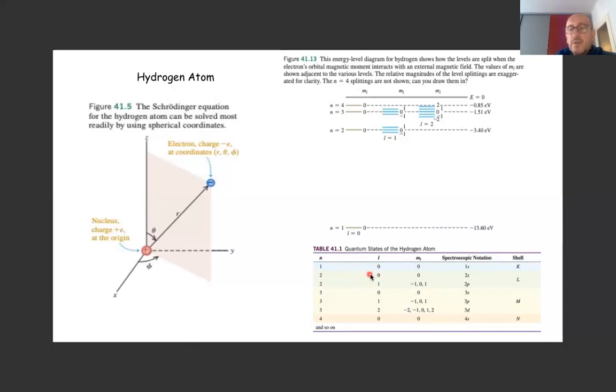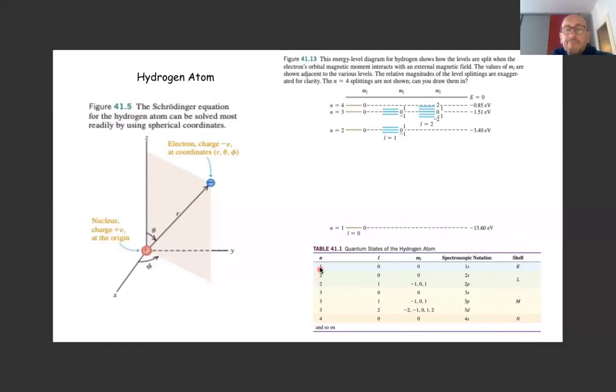You can also have L equals 0, the 2s state, perfectly well here. And now we are in the L shell. Before we were in the K shell. Now we are in the L shell, because this notation here is not only valid for the hydrogen atom, it's also valid for many other atoms, and we will see how this comes about.